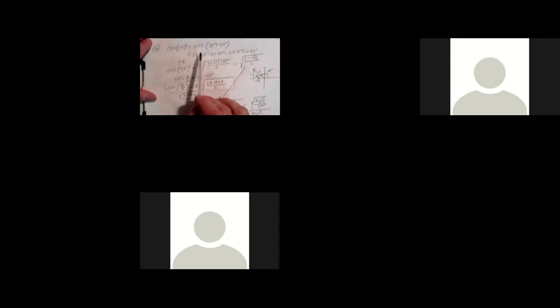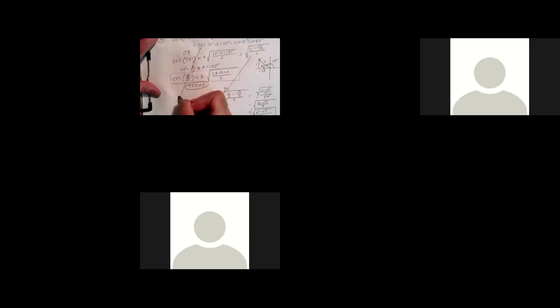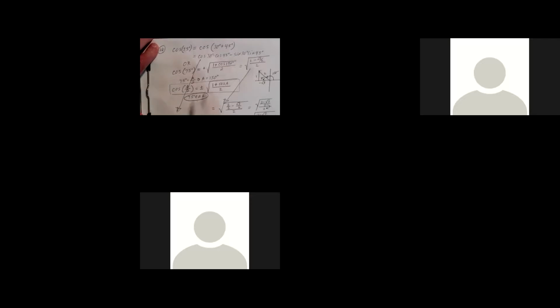I'm curious, ladies and gentlemen, if we were just to use the sum identity for cosine and evaluate cosine of 75 degrees this way, would the answer to this be the same as this answer? I'm just curious. It has to check out, right? It has to be consistent. So the cosine of 30 degrees would be what? Cosine of 30 degrees would be the square root of 3 over 2.